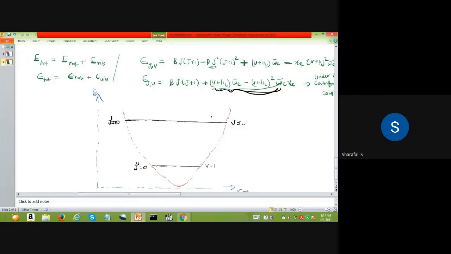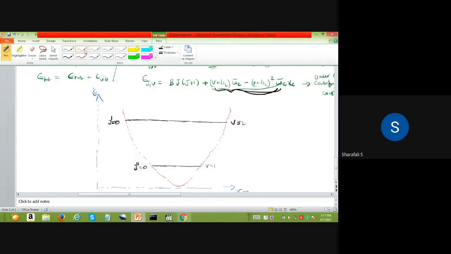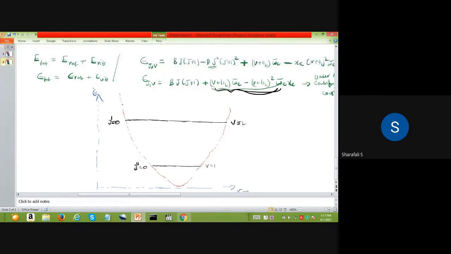Now, consider the cases when j equal to 1, 2, 3, etc. Here v is fixed, v equal to 2 and j equal to 0.